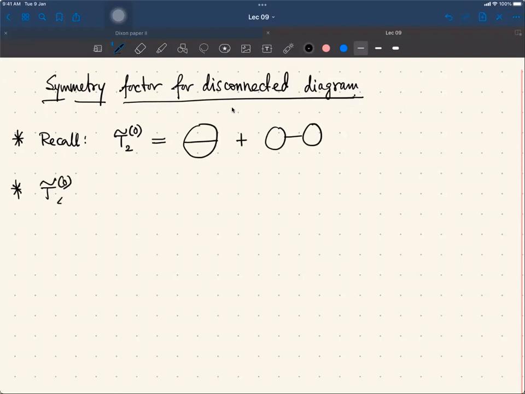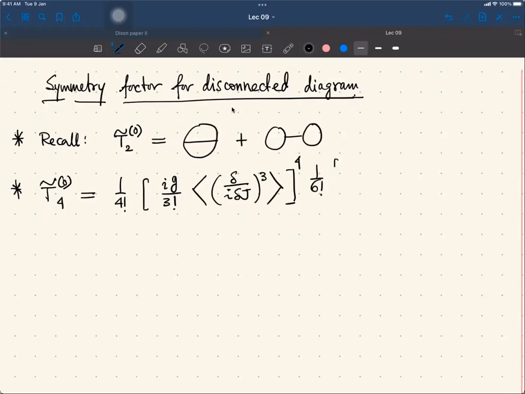4, which means the vacuum contribution with 4 vertices, the expression for that will be 1 over factorial 4 times (i g over factorial 3 times del over i del J) cubed, to the power 4, times 1 over factorial 6 times, let me write in a simpler form, (i over 2 J del J) to the power 6.